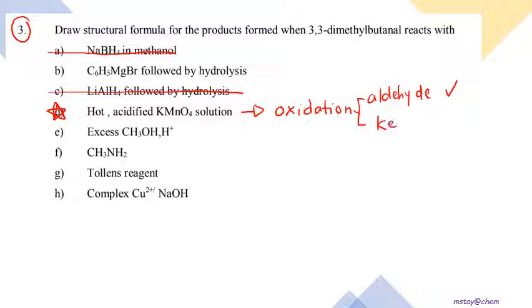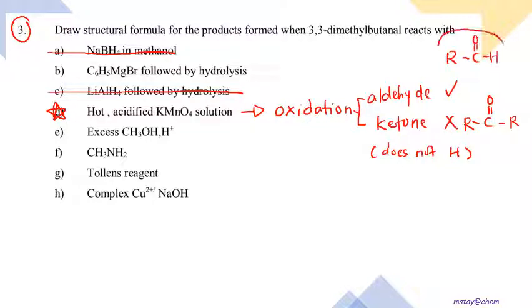However, ketone will not undergo oxidation, because at the C double bond O, both the right hand and left hand side of the carbonyl group are attached to alkyl groups and do not have hydrogen. But aldehyde is R C double bond O H, so there is a hydrogen over here, so it is able to undergo oxidation.